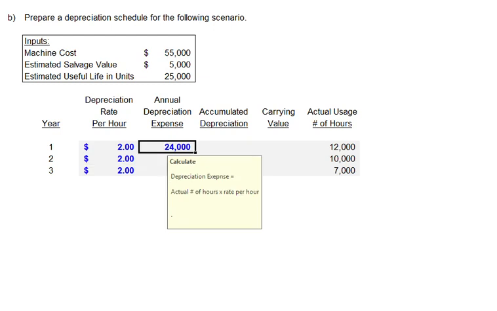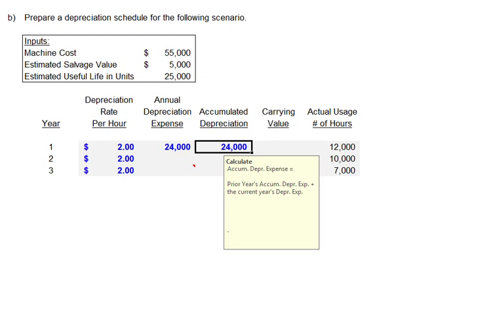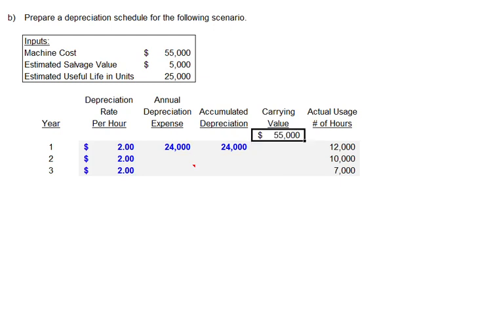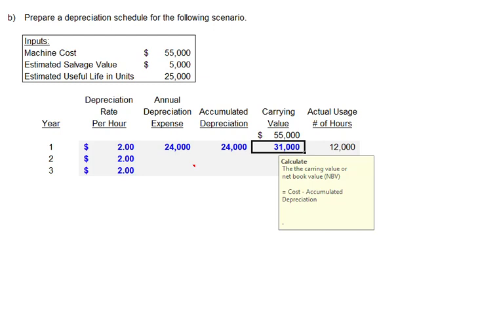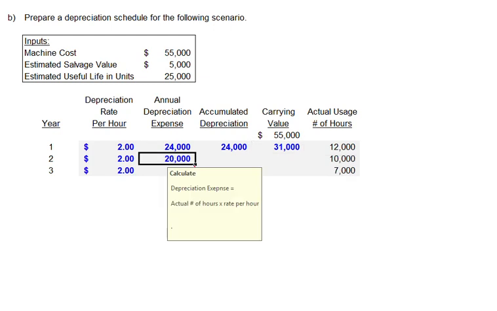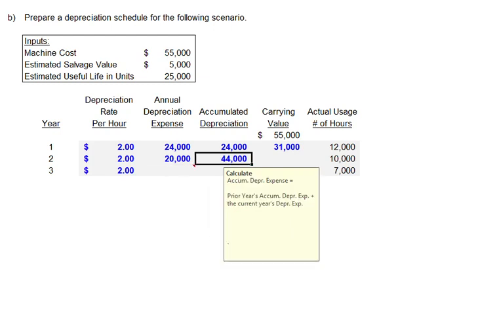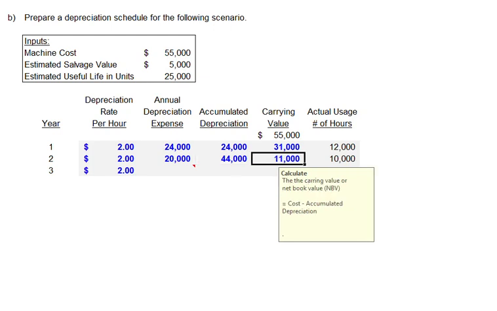Our accumulated depreciation then is $24,000, and our carrying value is our 55 minus our 24,000 in cumulative depreciation, or 31,000. Year 2, we've used the equipment to produce 10,000 units. 10,000 units times $2, we're going to have $20,000 in depreciation expense, 44,000 in accumulated depreciation, and an $11,000 net book value or carrying value.